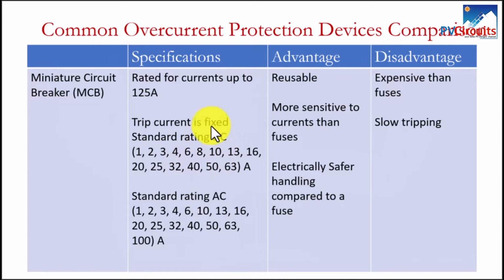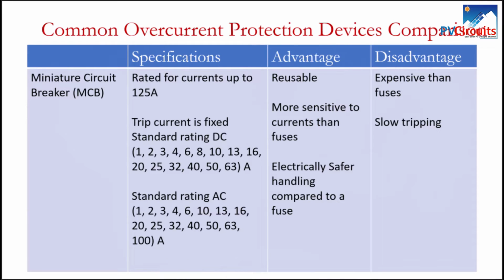Comparatively, we also have the AC, because in a typical PV system installation you'll have both the DC and AC sides. On the AC side, we have similar ratings going up to 100 amps. What we know about MCBs is that they are reusable and more sensitive to currents than fuses, but they are more expensive than fuses.